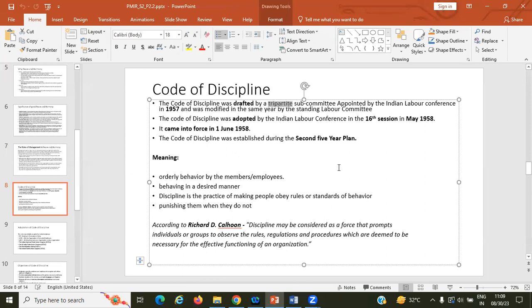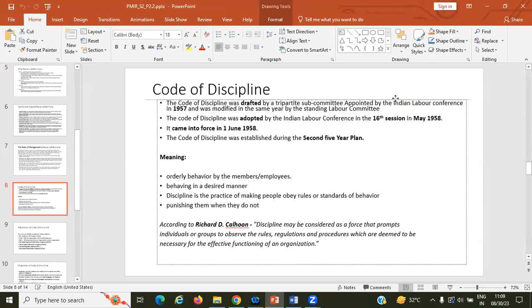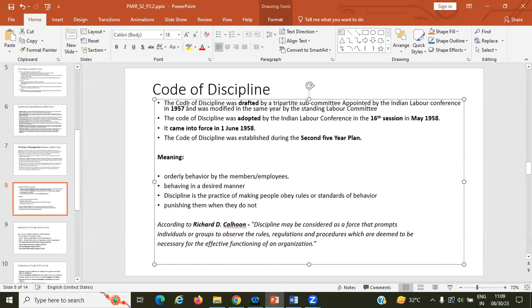All 3 parties together came to an agreement. They drafted certain rules in the subcommittee appointed by the ILC, the Indian Labour Conference, in 1957.